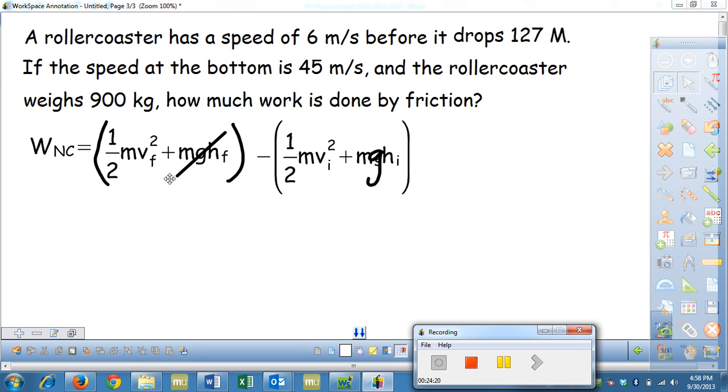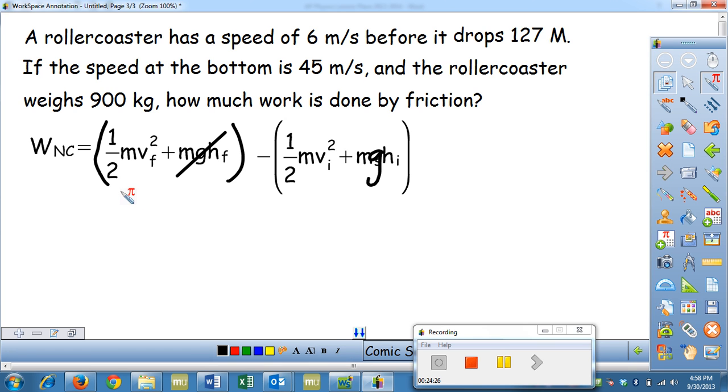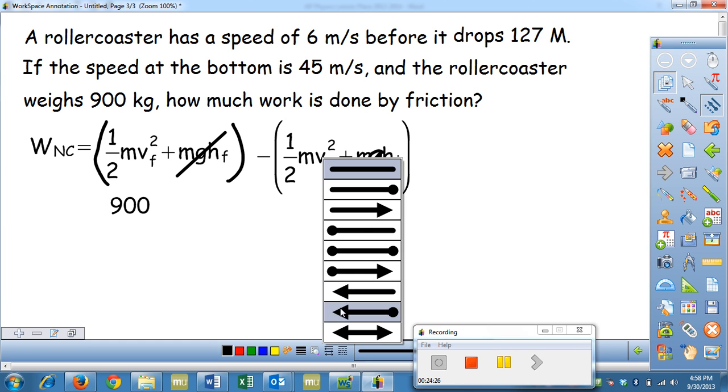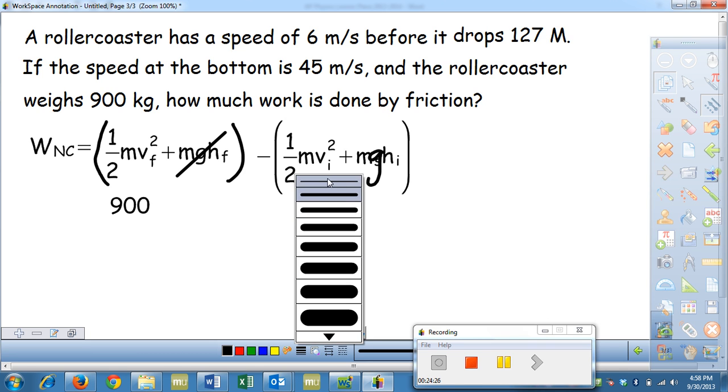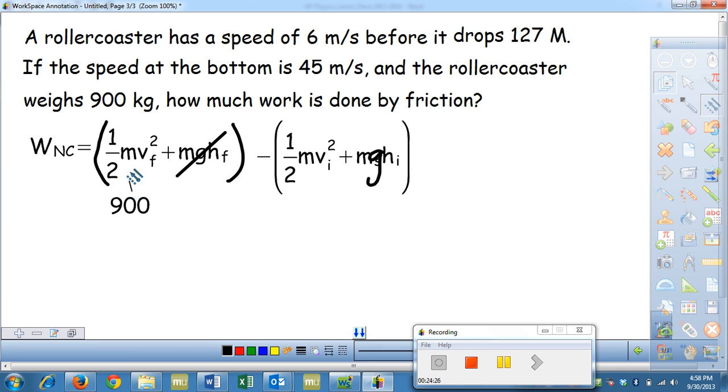Okay, so for instance, the mass is 900, right? So I'm just going to put a 900 over here. V final, at the bottom, is 45.